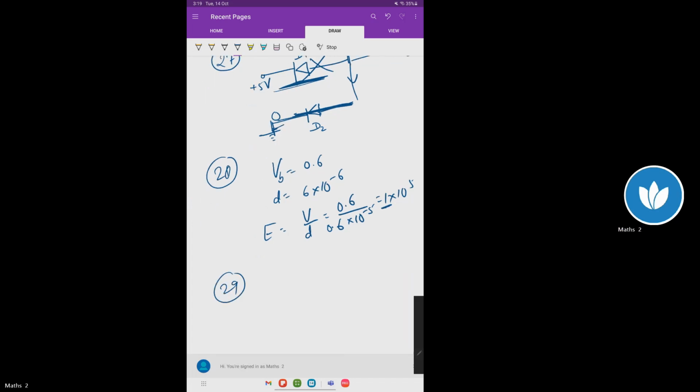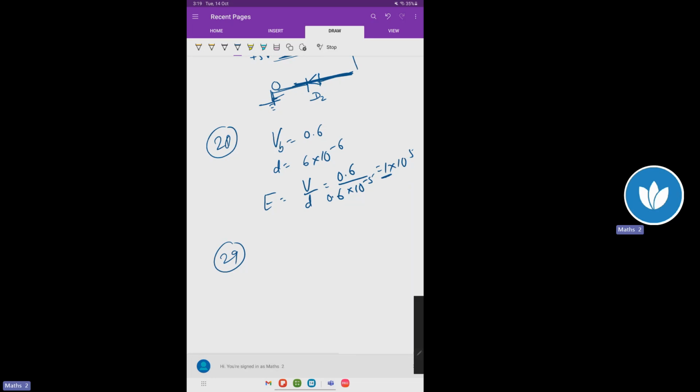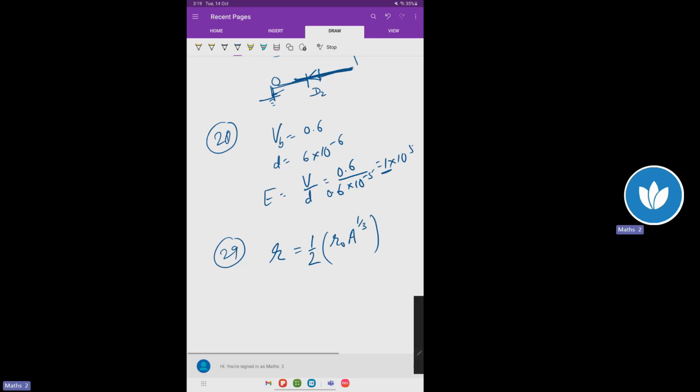29. The mass number of a nucleus having radius equal to half of the radius of a nucleus with mass number 192. So we need to find the mass number. Radius r of that nucleus is half of the radius of a nucleus of mass number 192.